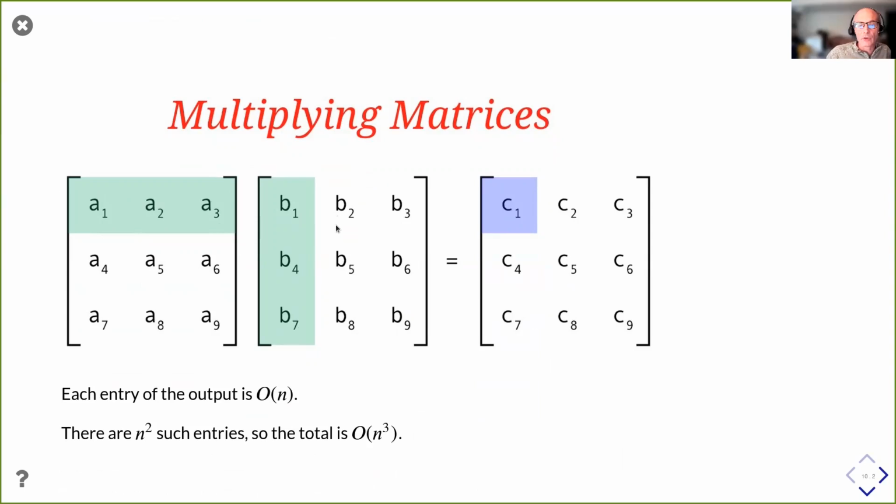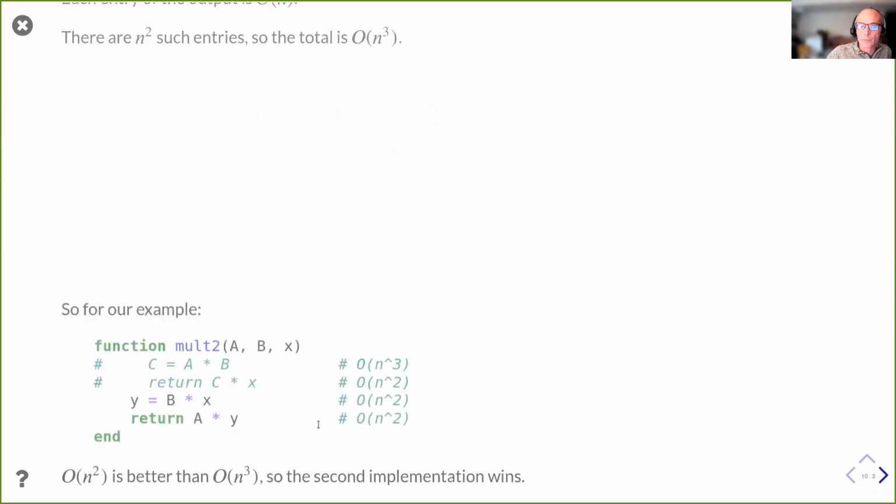It's just that when you're dealing with two matrices, there are multiple columns of the second one, yet each one of those corresponds to a single entry here. So each one of these takes order n to compute, but in the output, there are n squared such entries. And so the total execution time for matrix-matrix multiplication is of order n cubed.